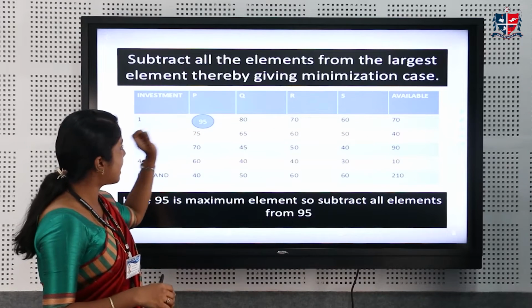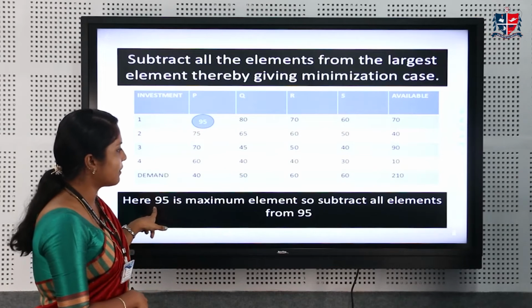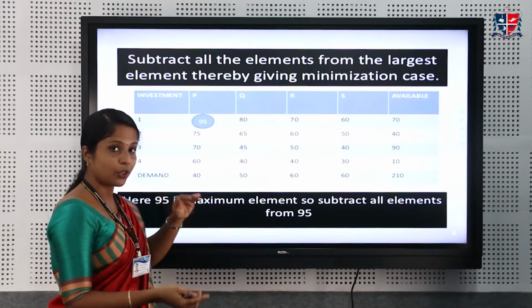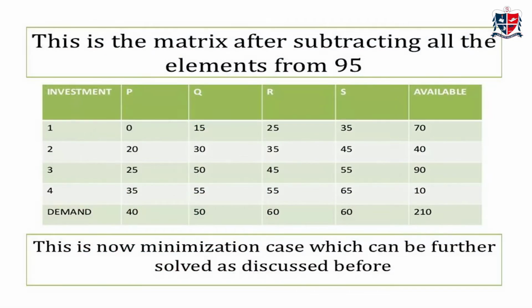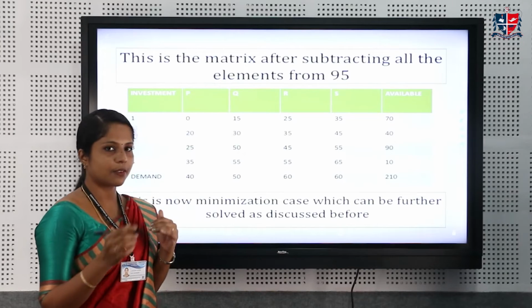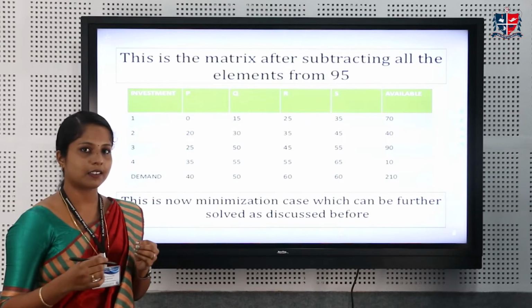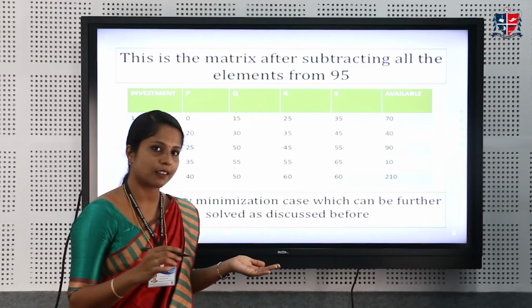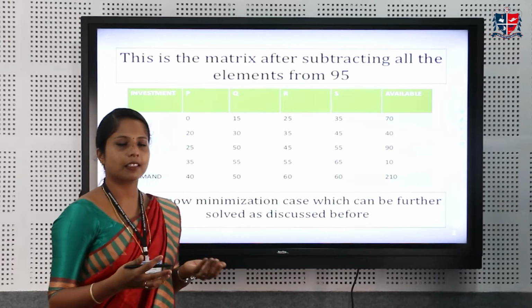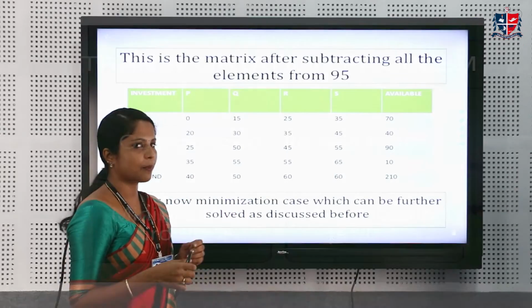Here the largest element is 95. Then we get a matrix like this, called the minimization matrix. This is the way we convert a maximization matrix into a minimization matrix. Then we can use any method for solving this type of problem.